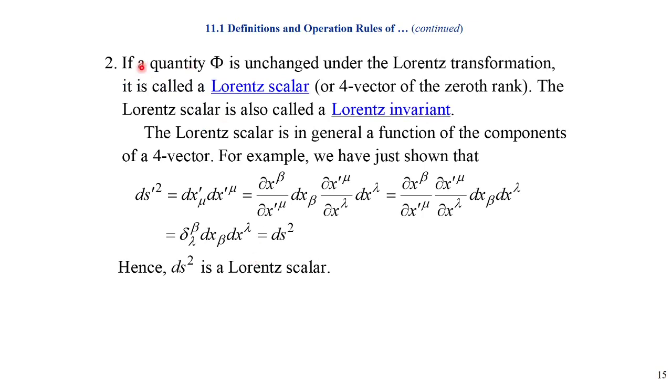I will show you second, if a quantity phi is unchanged under Lorentz transformation, if this one is unchanged under different inertial frames, then it is called a Lorentz scalar. A Lorentz scalar is a four vector of the zeroth rank.